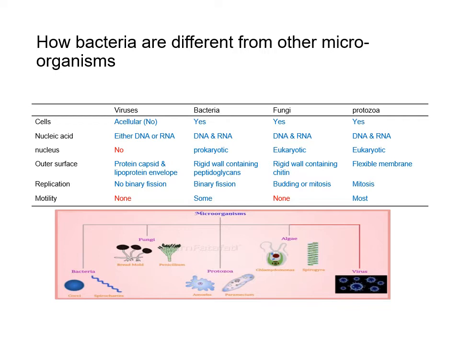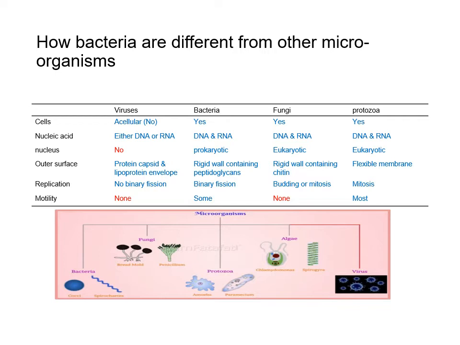Now we'll move on to the nucleus. So viruses have no nucleus because the genetic material is only dependent on entering into the host cell and then replicating within the host cell, while bacteria is actually a prokaryotic nucleus, very simple structure. Fungi and protozoa have a eukaryotic nucleus that we discussed in the previous slide. Now we move on to the outer surface.